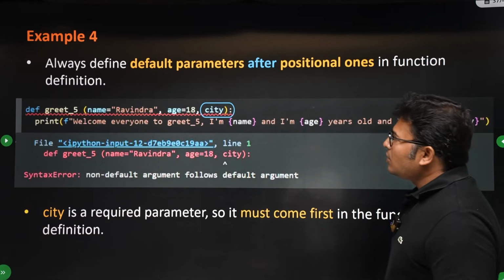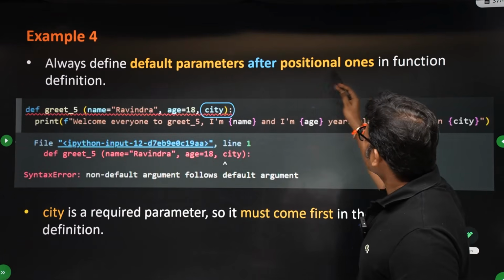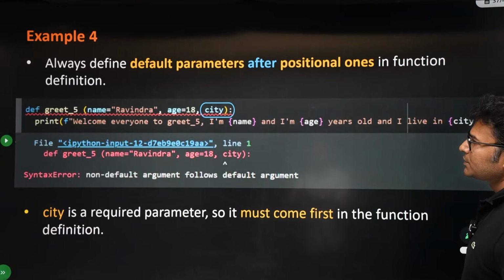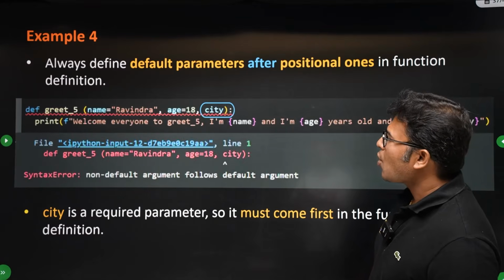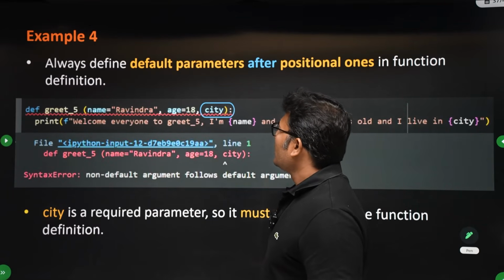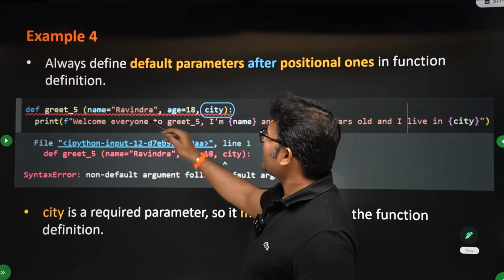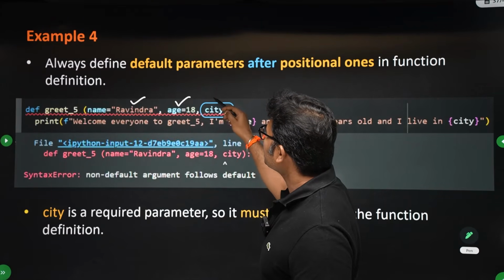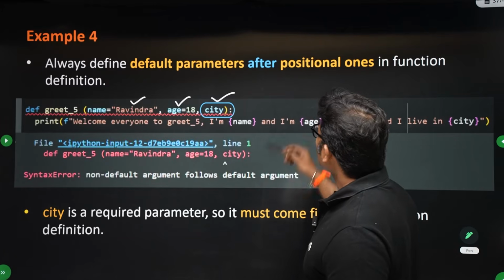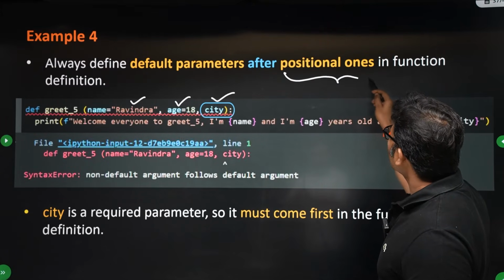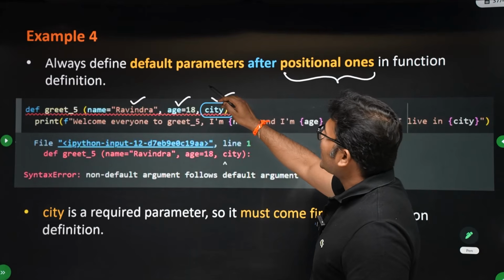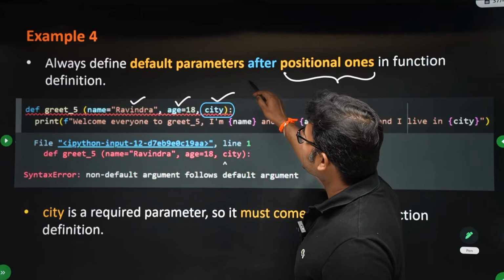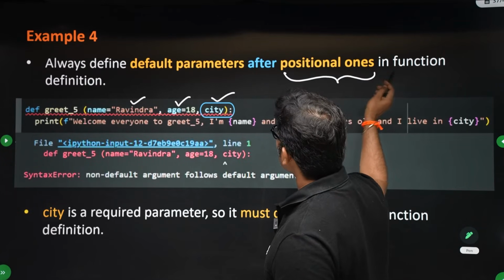Next one is always define default parameters after positional parameters. Okay. So what does this mean? For example, this is a default parameter, this is a default parameter, and this is a positional parameter. You should always define default parameters after positional parameters, right?